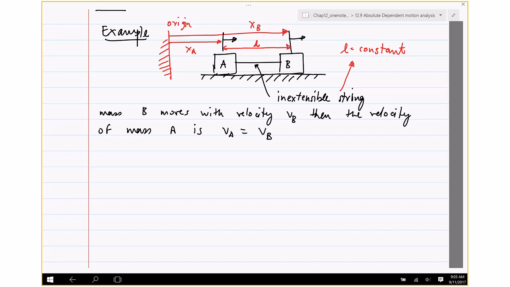If L is a constant, then L dot or dL/dt is 0. So I fix the origin, I assume distances A and B. What I'll try to do is find a relation between the motion of B and A in terms of XA and XB. And from that figure you can see that XB is XA plus L, just from looking at that figure.